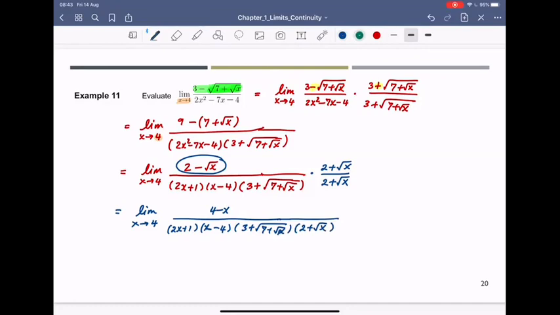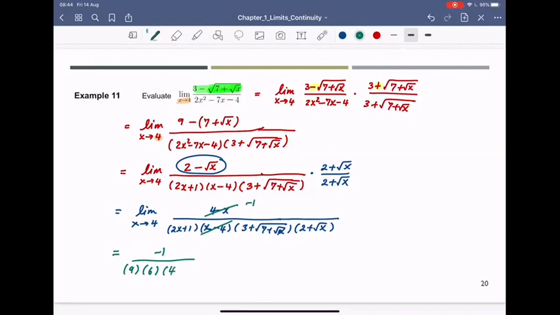This is so good because 4 minus x is going to cancel with x minus 4, and then you have negative 1, right? So at the end, I'm going to plug in the number now. So negative 1 over 9 times 6, right? Because I plug in x equal to 4 here. So I get 3 plus square root 9, which is 6, and then 4.